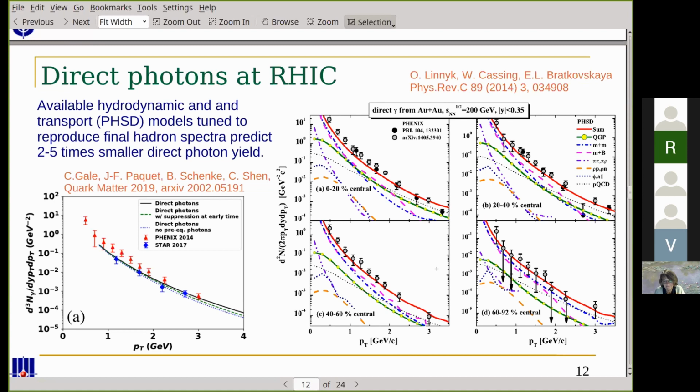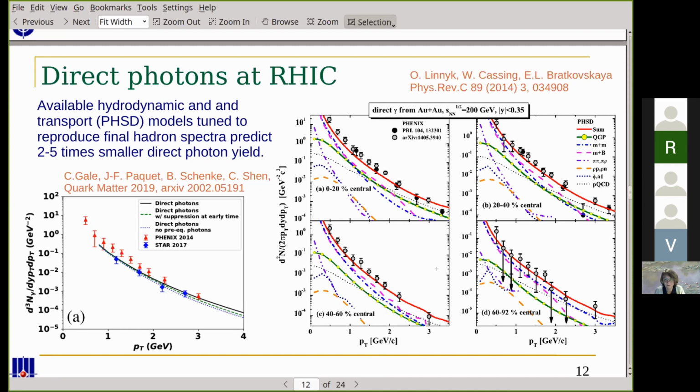We have prompt photon contribution, which comes from interaction of partons from incoming nuclei. Or we have interactions of hadrons in the final hadronic gas. Right. So which one do you call Bremsstrahlung?